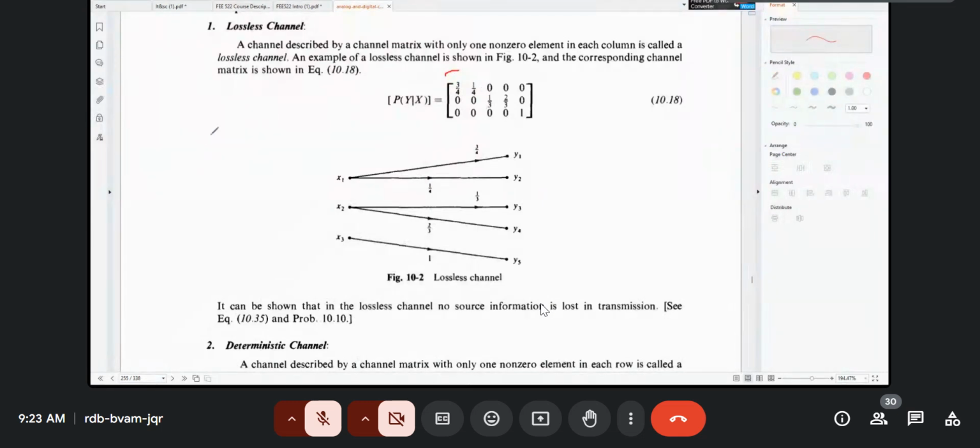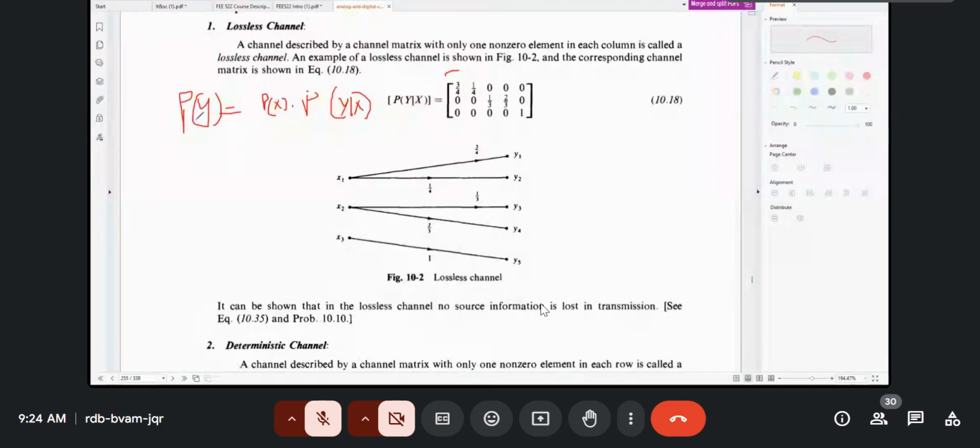And of course, it makes sense because p(y) is equal to p(x) multiplied by p(y given x), which is the matrix of transitional probabilities.